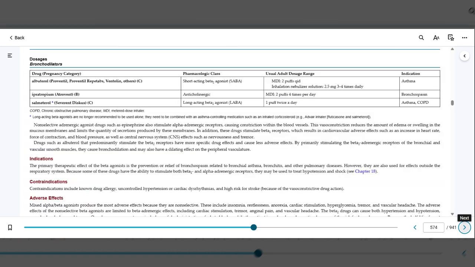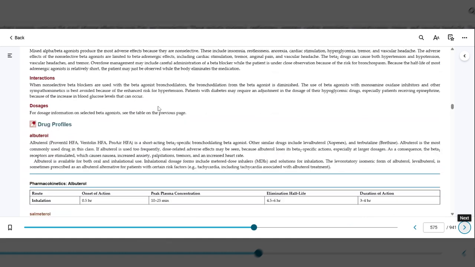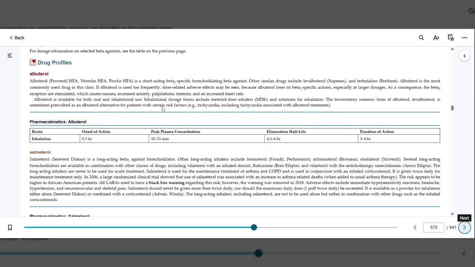Let me scroll down a bit. For our bronchodilators, we're going to look at 2 different ones here. My first one is my albuterol. On this one, it causes that bronchodilating effect, very effective for keeping that bronchial tree dilated and opened. Versus, let's see.